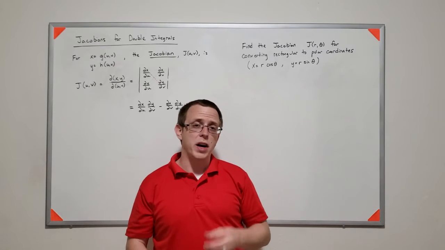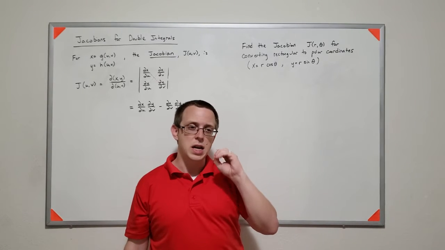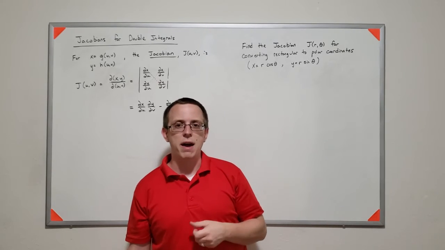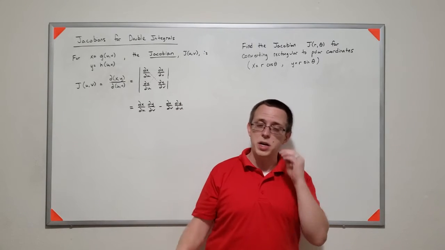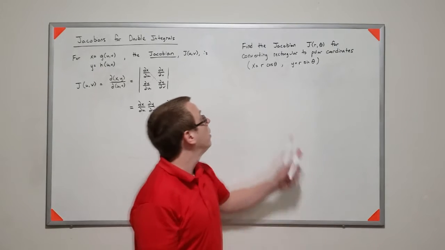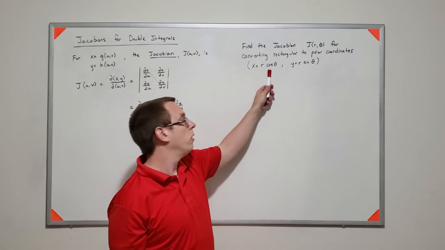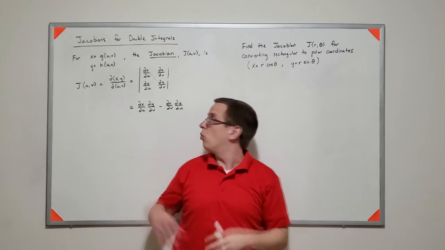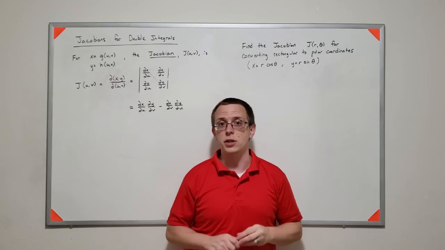But the Jacobian provides a very nice and clean way to derive how that happens without having to sketch out a big, large piece. All I have to do is define x as a function of r and theta, and y as a function of r and theta, and then I can run the formula and I can get the change of variables.